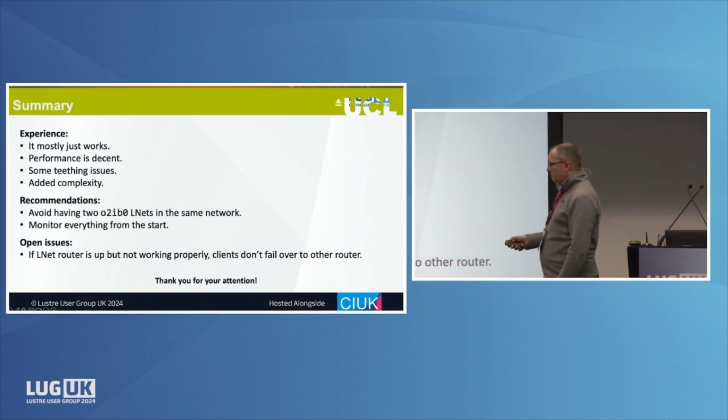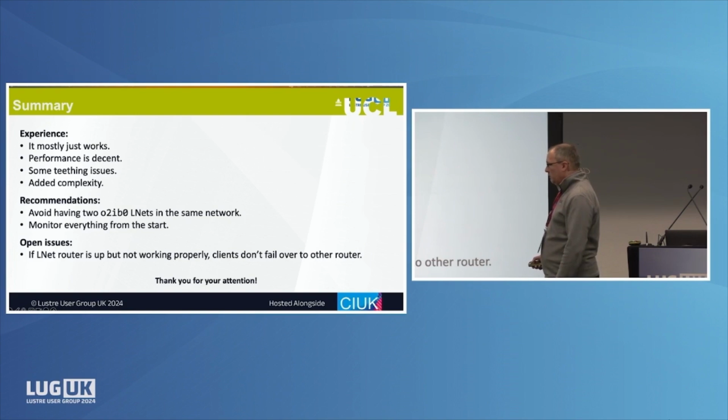While the ClusterStor E1000 system has its own monitoring and alerting built in, the LNet routers are not really part of that solution. So we basically had to add our own monitoring after the fact, and we probably should have started that sooner, before moving into production.